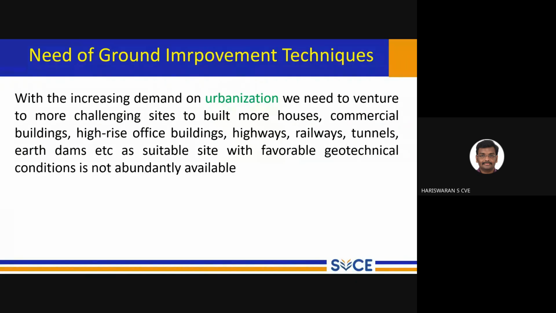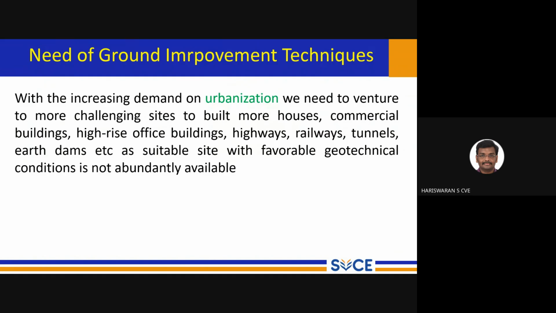We can see nowadays, because of more urbanization, you can refer to a map of our Chennai 10 years back, or 20 years back, or 4 to 5 decades back. The occupation of people was very less then.